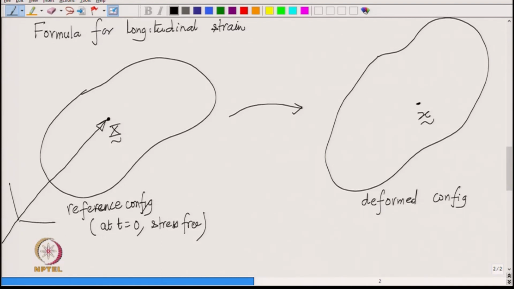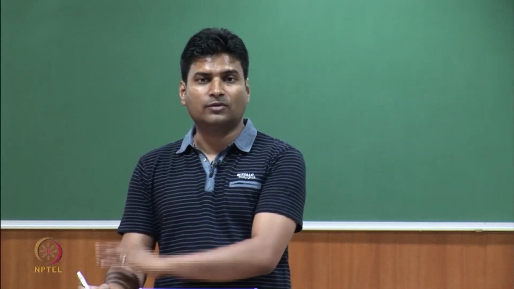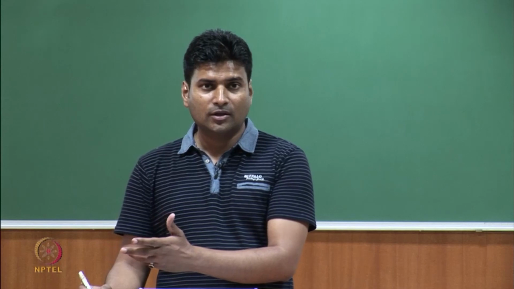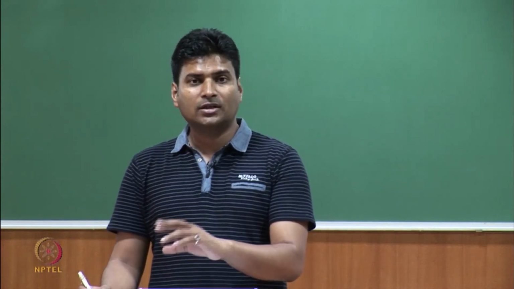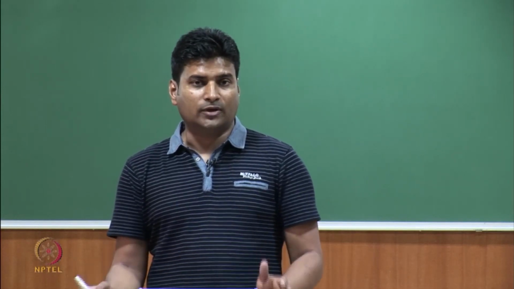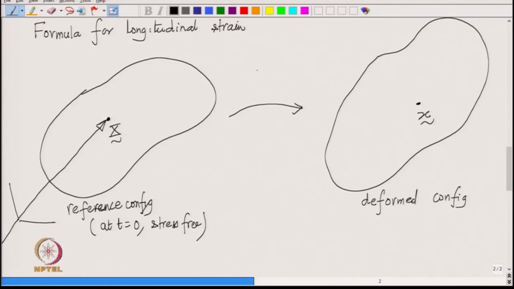All right. So, there is a correspondence here, is not it? Every point in the reference configuration will go somewhere after the body has been deformed to a point small x. So, we can think of a function which will relate the points in the two configurations. So, suppose that function we denote by this f. So, that function is going to depend on the original position of the particle and also the time.